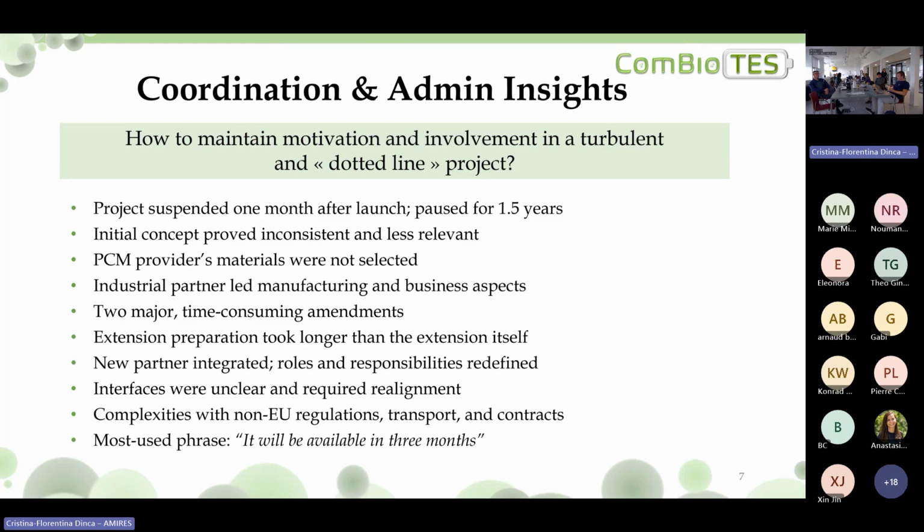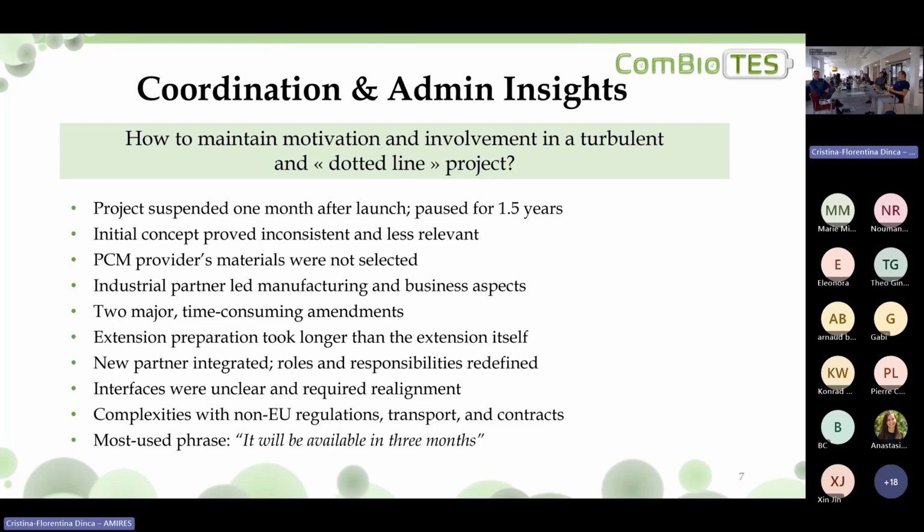So that means that we had to make two major amendments and to redefine the budget, but more important, to redefine the tasks and to redefine the interfaces that were not really known initially. So we did what we could at this time. We had to redefine all the responsibilities. The interfaces were clearly unclear, and at the end, it is maybe clearer, but it is not the best situation also.